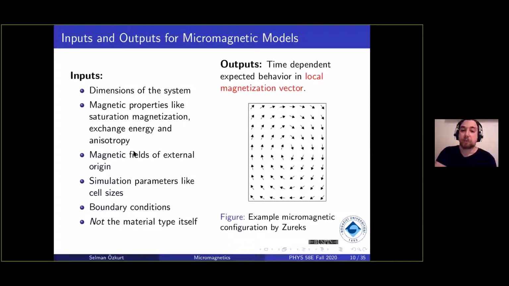And then external magnetic fields, and sometimes spin currents of external origin as well. And of course, some simulation parameters like cell sizes. We cannot supply the micromagnetic system with the material type itself in general, because as we said, what micromagnetics does is to assume these interactions and calculate a result.